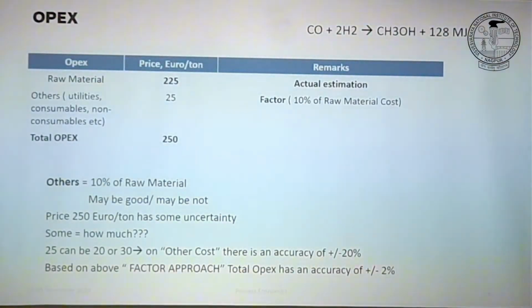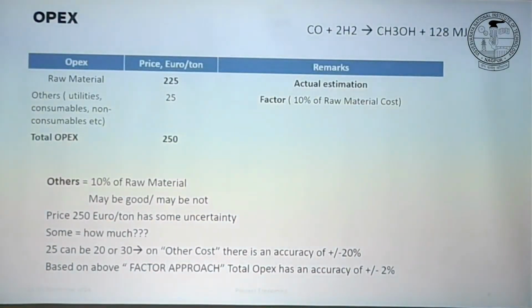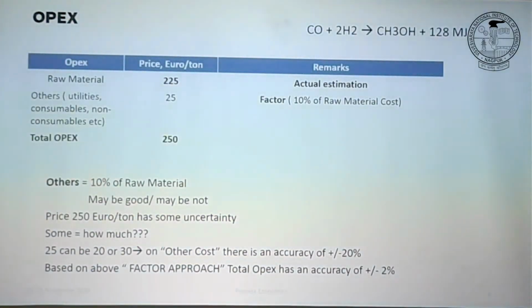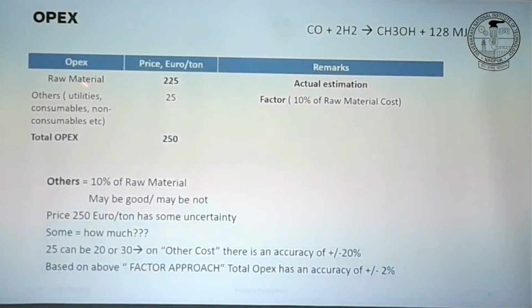So let's forget 350 for now and continue with the very first thing, which is based on the stoichiometry and the reference CO and hydrogen price. This 225 we estimated, right? And we say, let's assume 10% of raw material cost is my other utility cost.